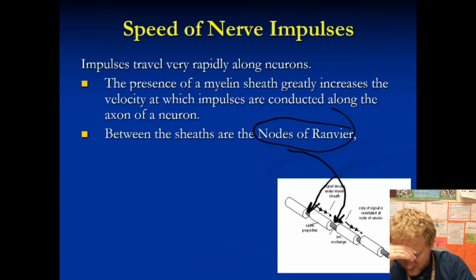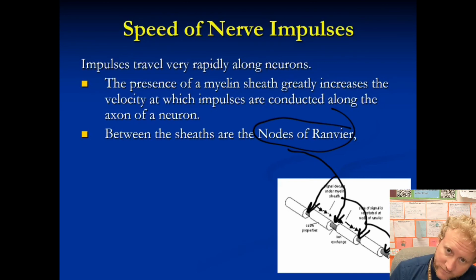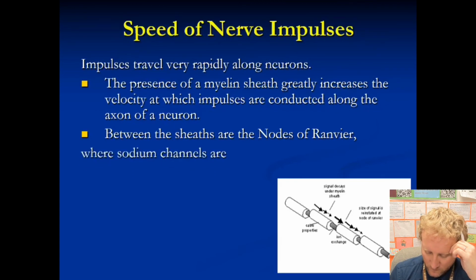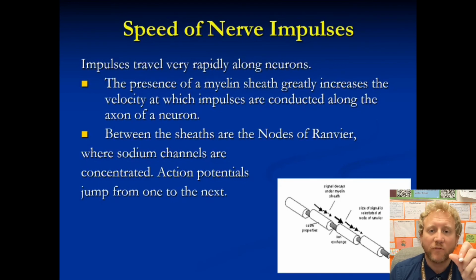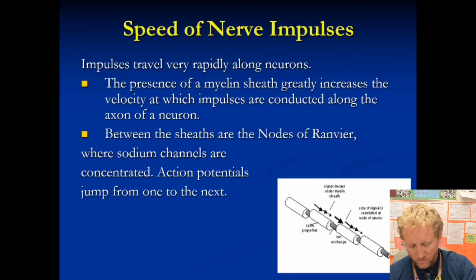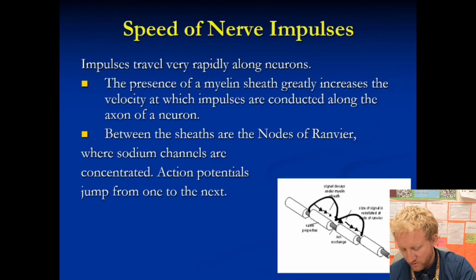These little sections right here are the nodes of Ranvier, in between the myelin sheaths. The action potentials will jump from one node to the next, like they're leapfrogging.